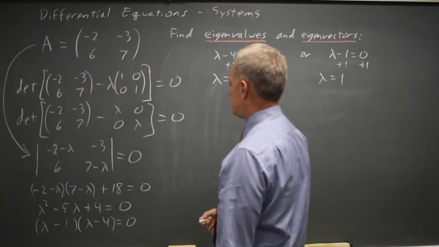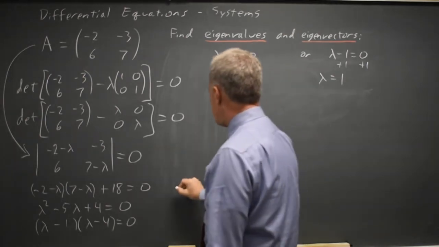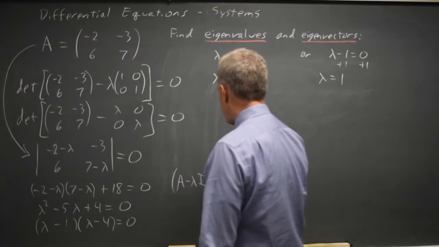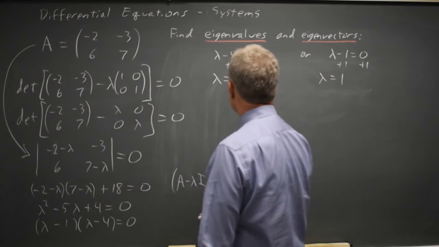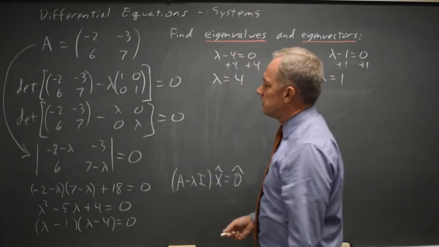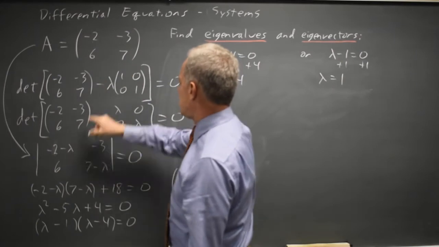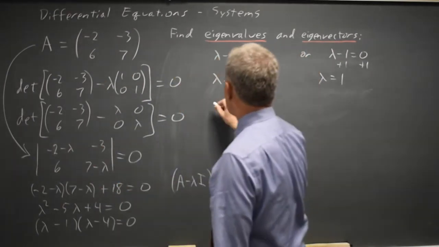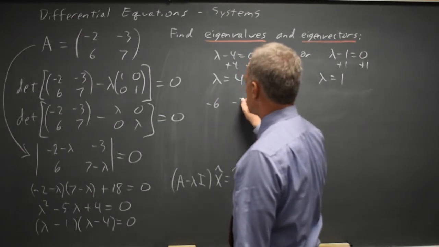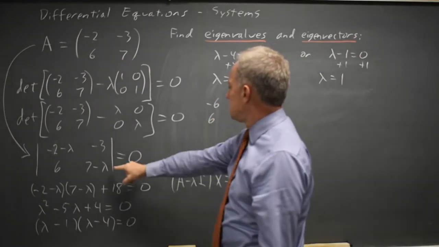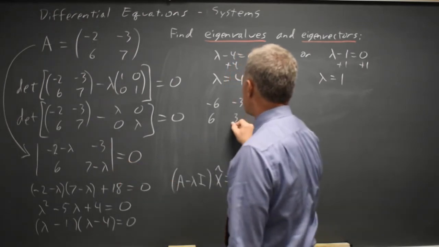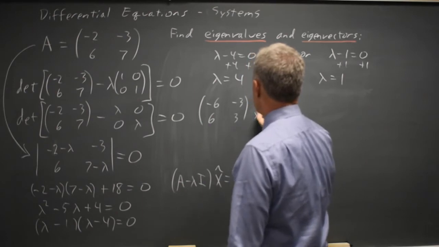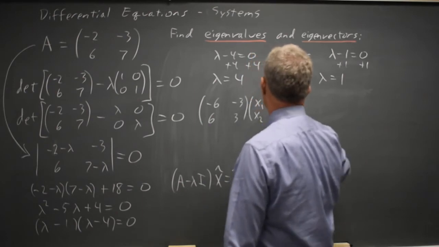Now that I have my eigenvalues, I can find the corresponding eigenvector. And if you recall, I was saying that A minus lambda times the identity times vector x equals the 0 vector. So going to A minus lambda times the identity times vector x, that would be -2 minus 4 is -6, -3, 6, 7 minus 4 is +3, times vector x equals the 0 vector.